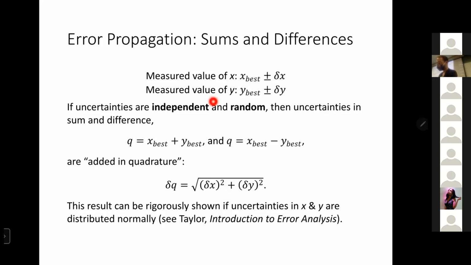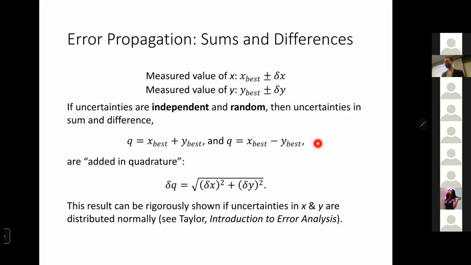So maybe you have a measured value of x, which you would express as x best plus or minus delta x, and a measured value of y, which you can express as y best plus or minus delta y. And if you assume that the uncertainties are independent and random, that is, not due to systematic error, then there are ways to propagate the error if you're taking some function of these two measured values, x and y.